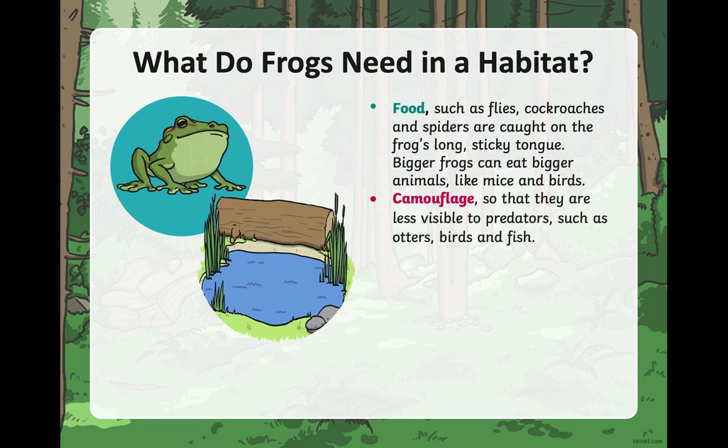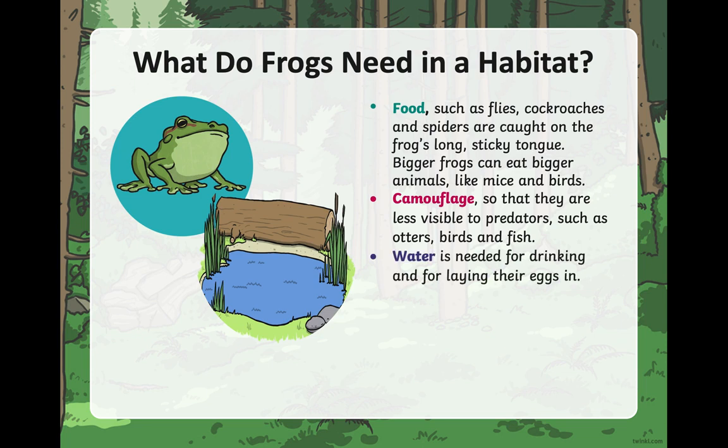So camouflage, so that they are less visible to predators such as otters, birds, and fish. What this means is they can change the color of their skin according to the place they're in. They can turn green or gray, and this is a chemical reaction that happens in their skin. It's a way of protection, right?